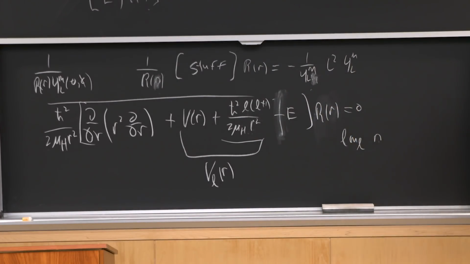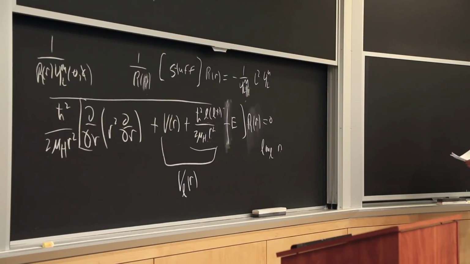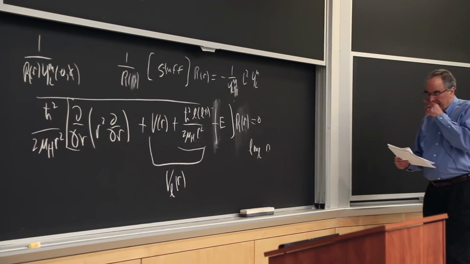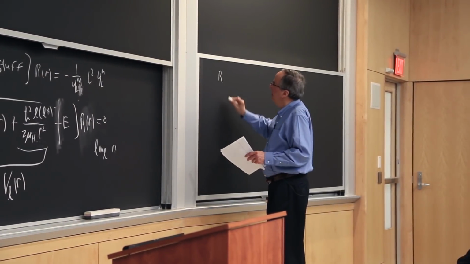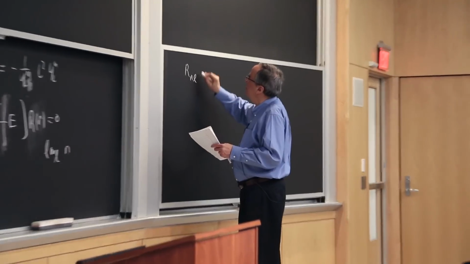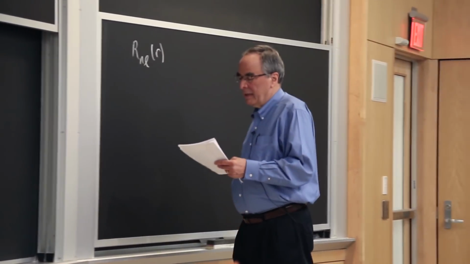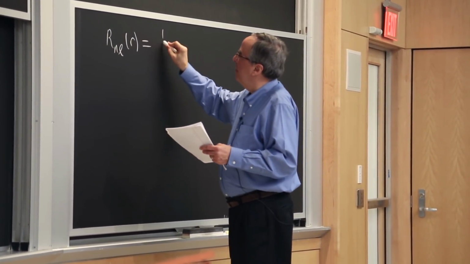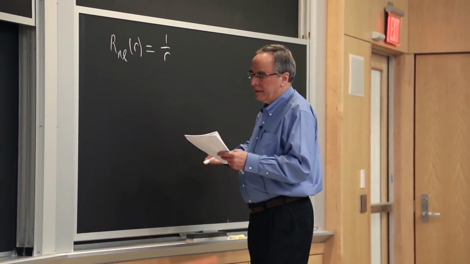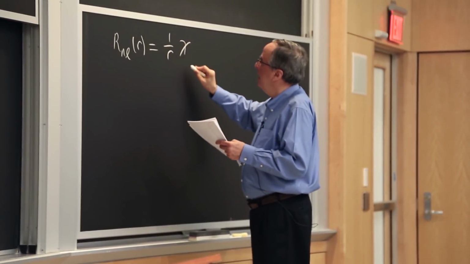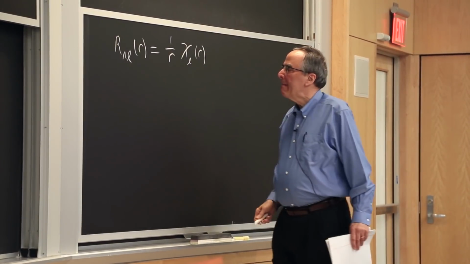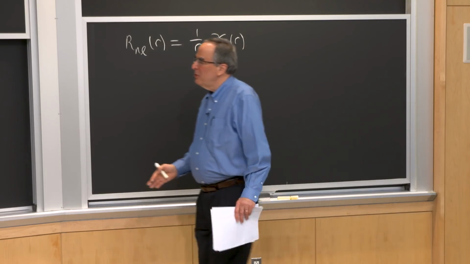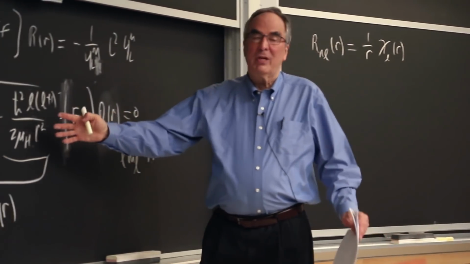And now, let us do something clever. We have the radial part, and we say, let us replace it by 1 over r times this new function, chi_L of r. Well, when we do that, this equation becomes really simple.